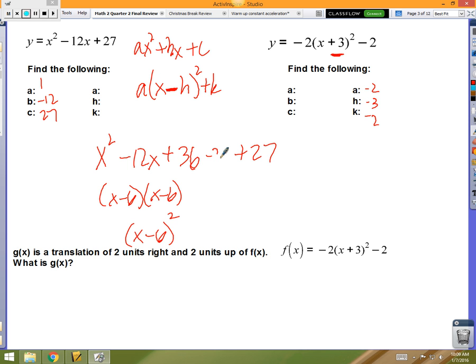You need to subtract 36. Because if you plus 36 to something and then you minus 36 to something, that's like adding 0. You were never there. So these three are going to play together and give me x minus 6 squared. These two will be like terms, and they're going to combine and give me a minus 9.